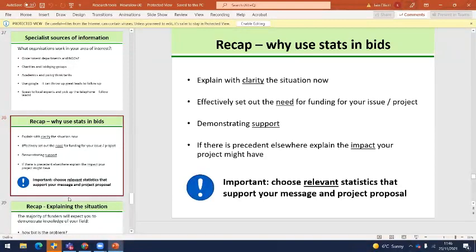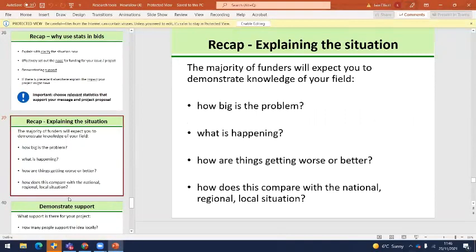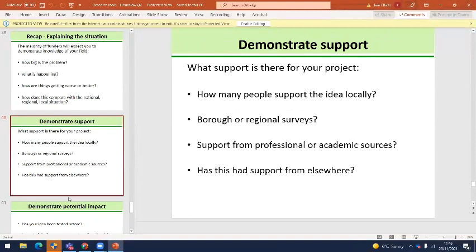But choose relevant statistics to support your message and project proposal. Like I say, it helps you demonstrate how big the problem is, the trends, are things getting better or worse? How does it compare with the national, regional, local situation?